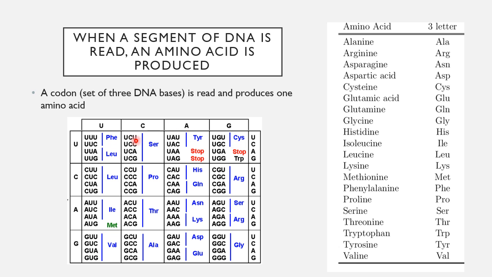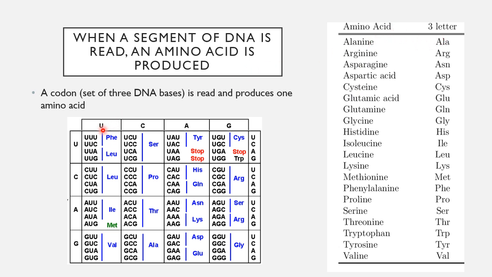If you look at this chart here, it shows all the different possible 3-letter combinations of DNA bases, here in black. The colors on the side show what amino acid is made from those 3 bases. This is a chart showing the 3-letter code and the name of the amino acid.